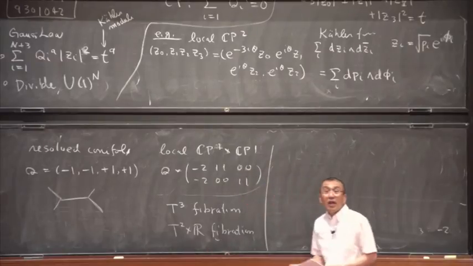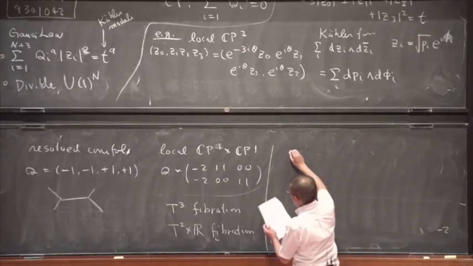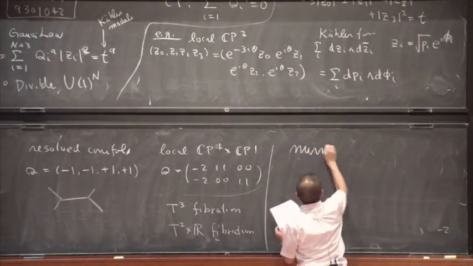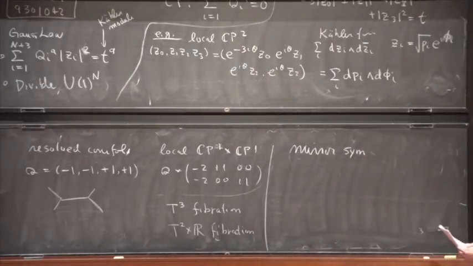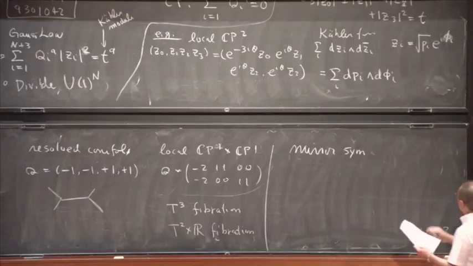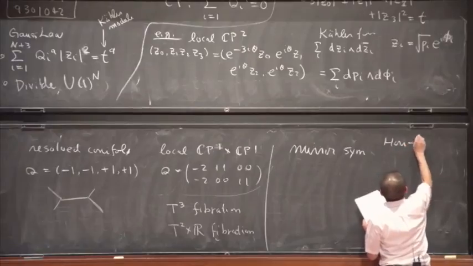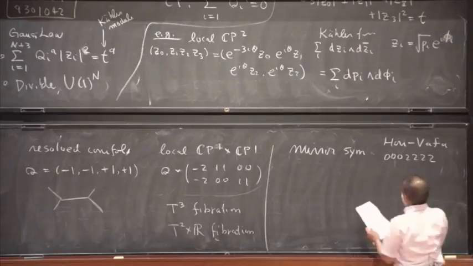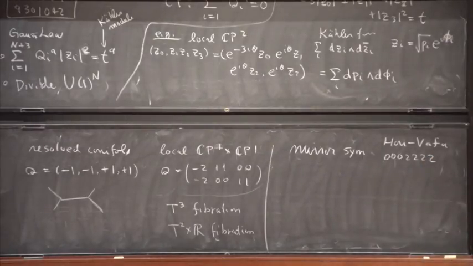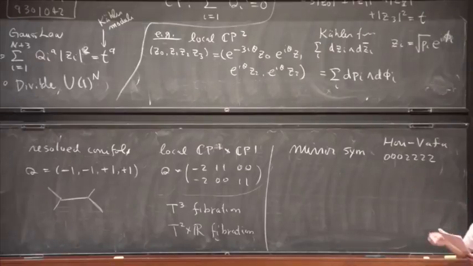So now finally, I have maybe 5 minutes left, so I will briefly tell you about mirror symmetry for toric Calabi-Yau. There is earlier mathematical literature on that, but in the context of the physical sigma model, this was done by Hori and Vafa in 2000. And there is also a set of lecture notes summarized in a big book called Mirror Symmetry, and part 2 of that book gives you this description in more detail.